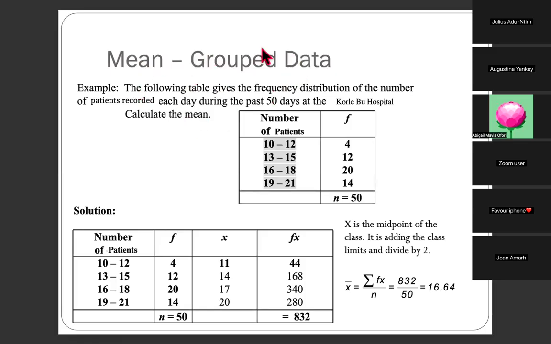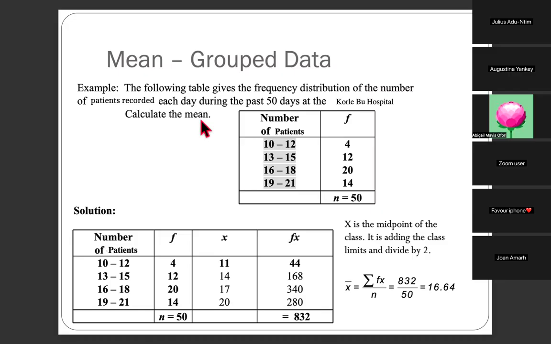So this is how to find the mean of a group data. This is what the question says. The following table gives the frequency distribution of the number of patients recorded each day during the past 50 days at the Kolebu Hospital. The instruction is simple. Calculate the mean.